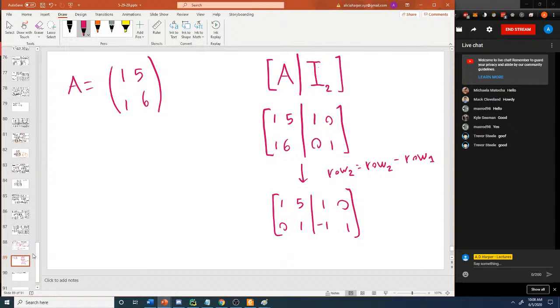Now this matrix right here is almost in reduced row echelon form. In fact, it is in row echelon form. But to put it in reduced row echelon form, we have to clear this 5.